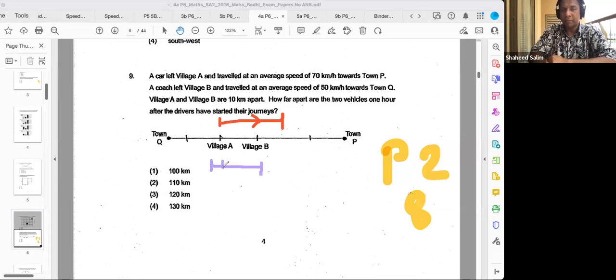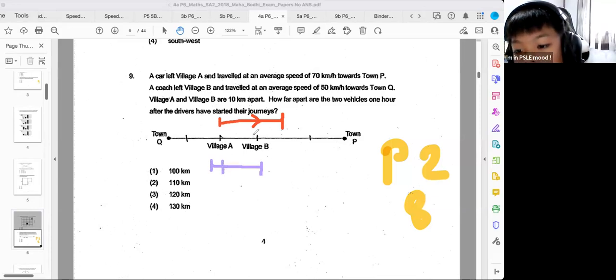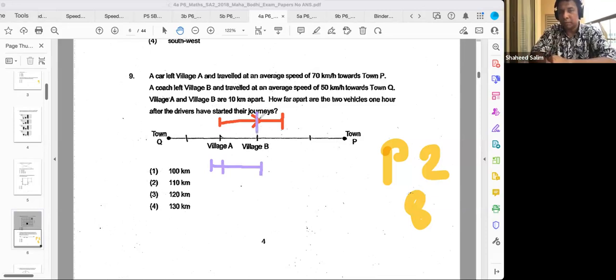Example lah. Okay. So can you see this part and this part? This is 10 km because they tell you that village A and B is 10 km. This is 10 km. So in 1 hour, this one can travel 50 km. So the drawing is not so accurate. We do a better drawing. Let's say now like that.